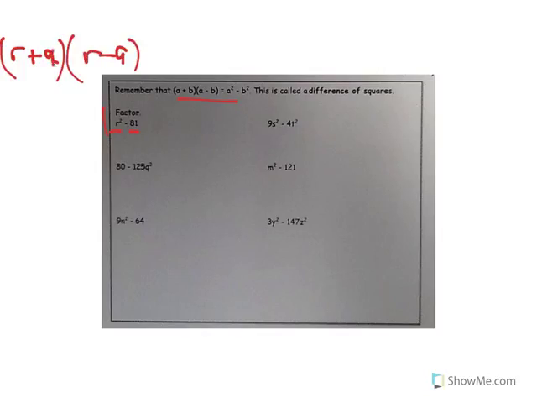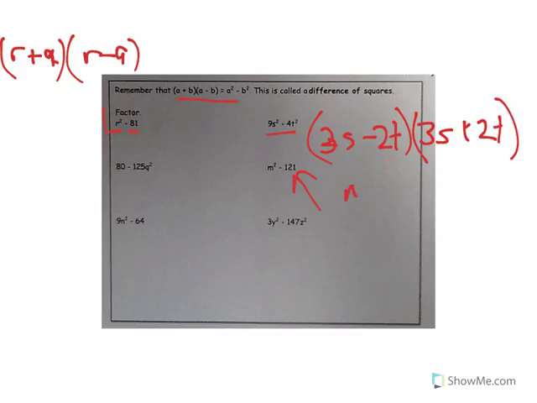I know you remember that, we talked about this a bit in the video. This one is just going to be (3s - 2t)(3s + 2t). This one is just going to be (m + 11)(m - 11).